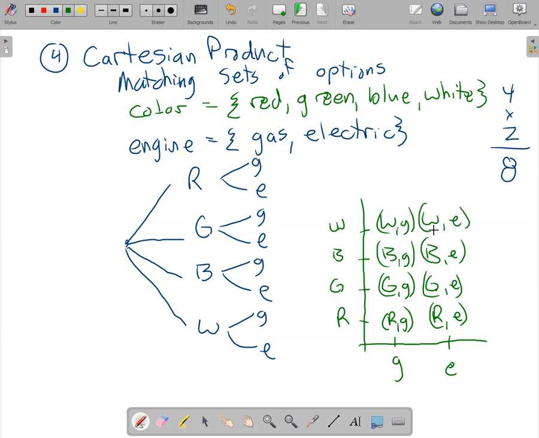Kind of like graphing points. These models are all related in a sense because they all represent multiplication. But with the second version of the Cartesian product, that looks like 4 groups of 2 or 2 groups of 4, depending on your perspective. But it's one involving choice.